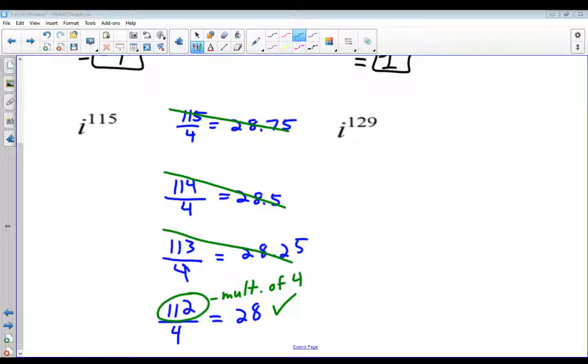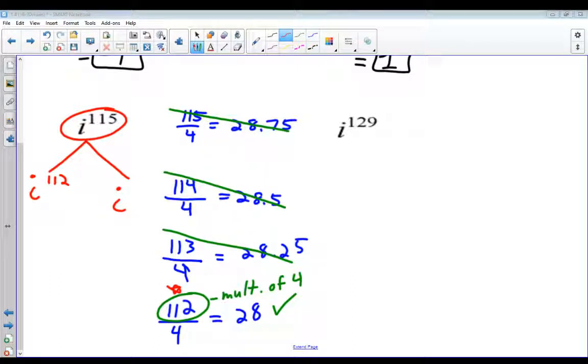So using this knowledge, what I'm going to do is go back to my original problem, and I'm going to split it. The first thing I'm going to split it into is i to the power of 112, using 112 because it's a multiple of 4.